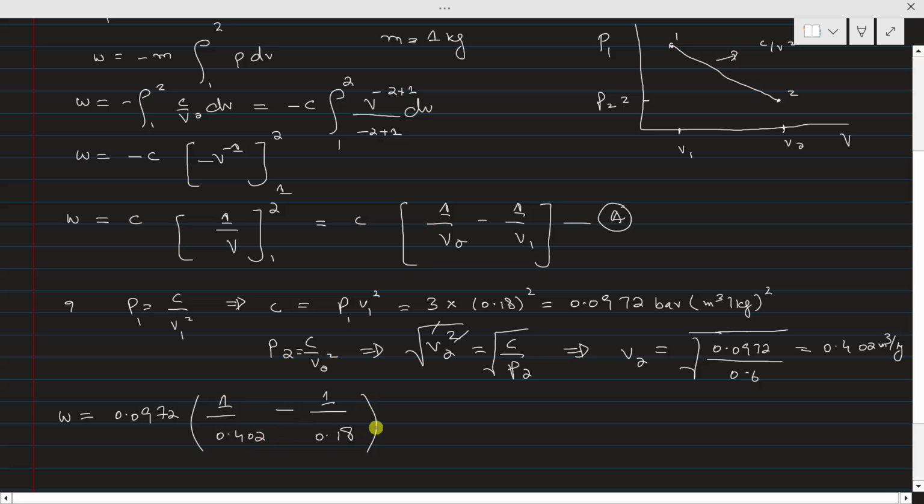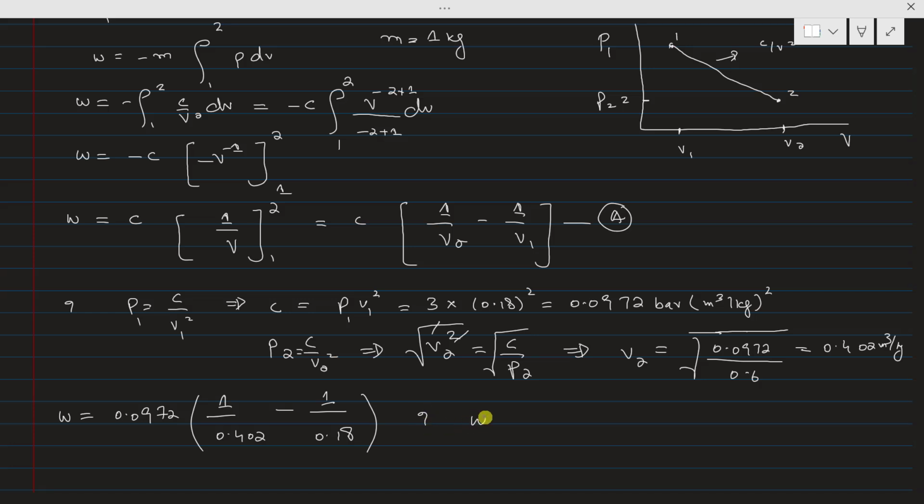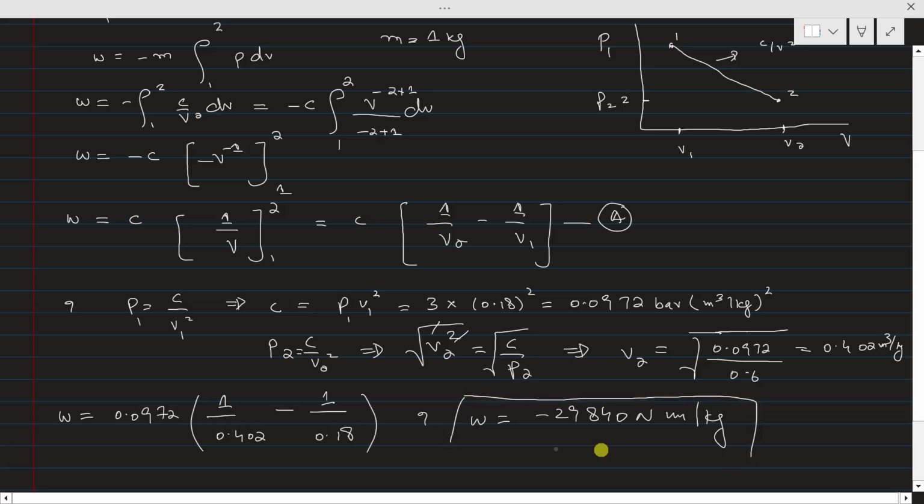After simplification on the calculator, you will get the work done by the system equal to minus 29,840 Newton meter per kg, because the mass is 1. So this is the work done by the system.